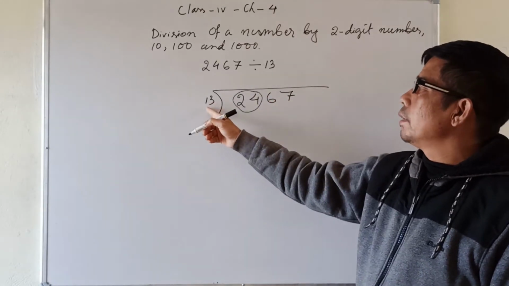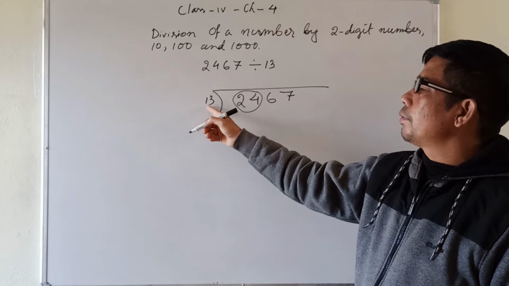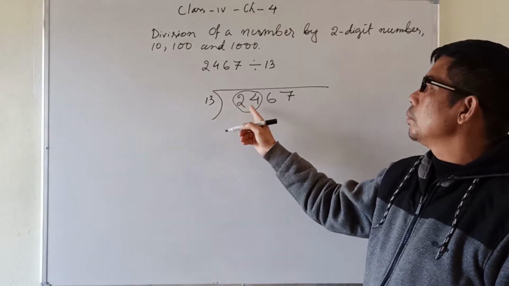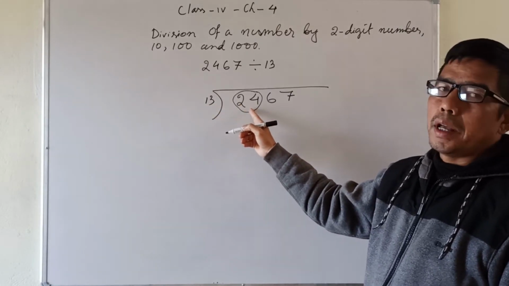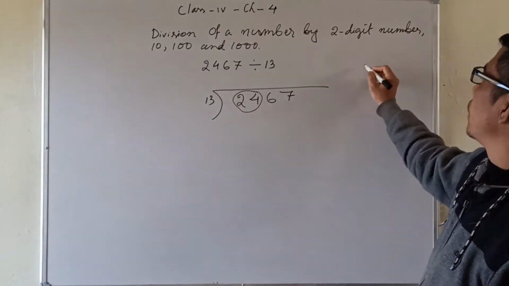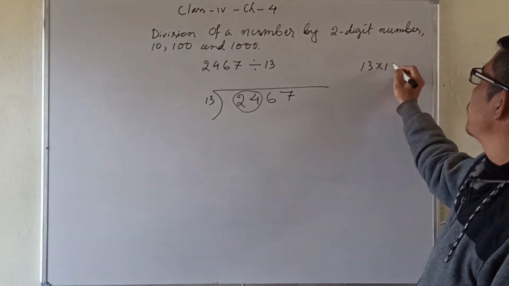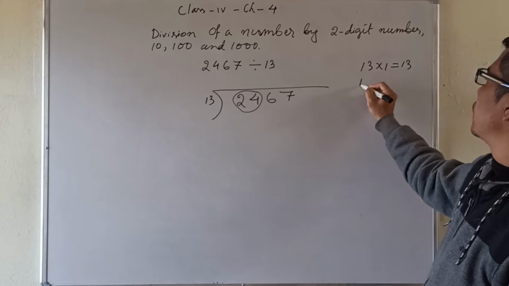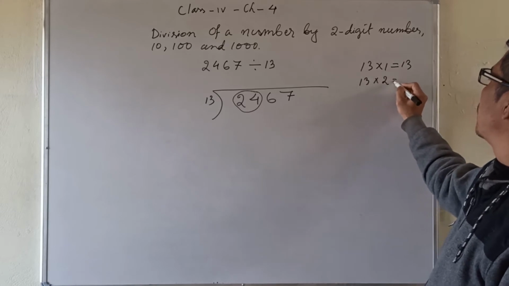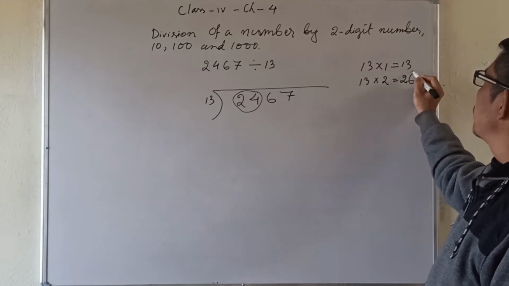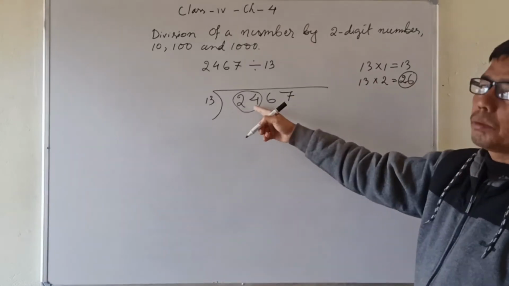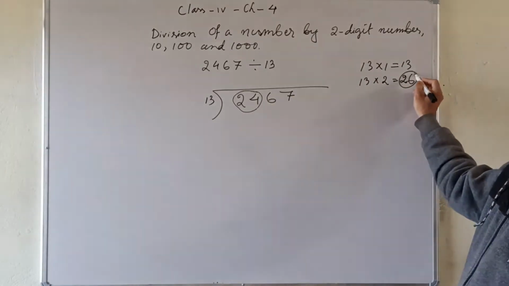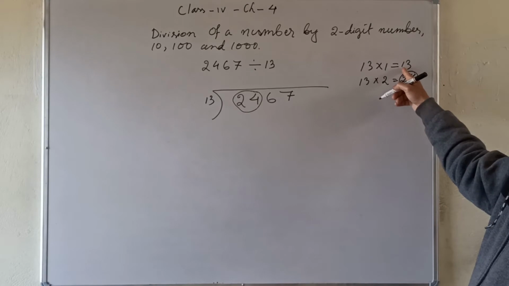Then we will find multiples of 13 which is equal to 24 or nearest to 24. Let's see. 13 ones are 13, 13 twos are 26. So this is bigger than 24. So this cannot be taken. So we have to take 13.